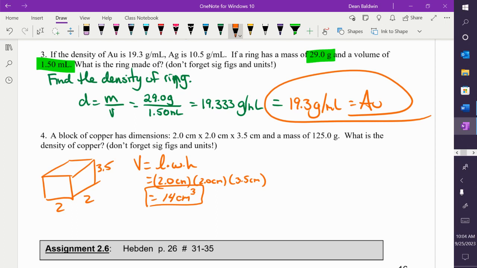I want to know the density of copper. They tell us it has a mass of 125.0 grams. So the density is mass over volume, 125.0 grams divided by 14 cubic centimeters.